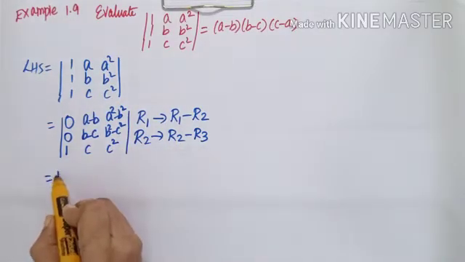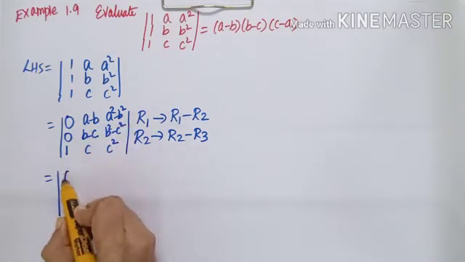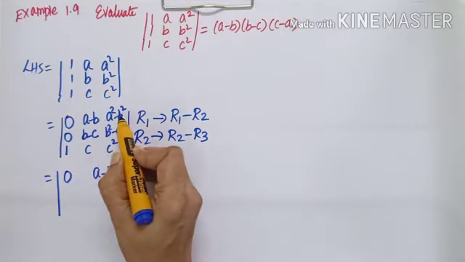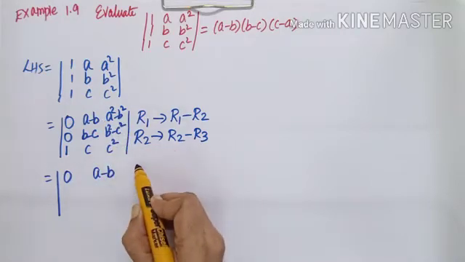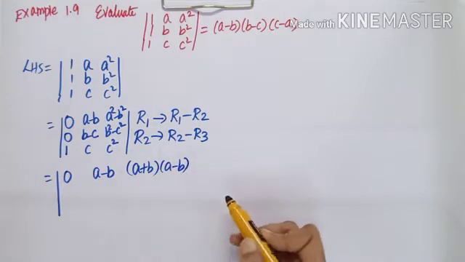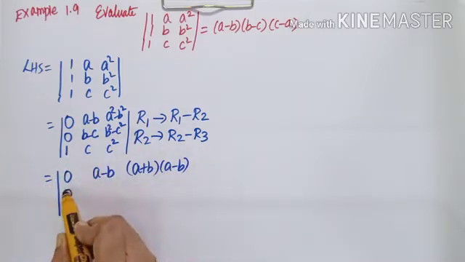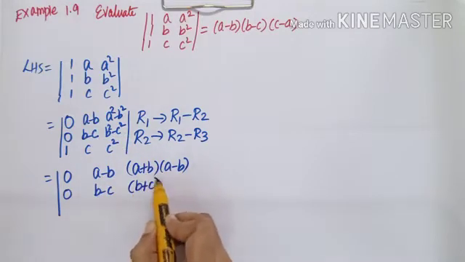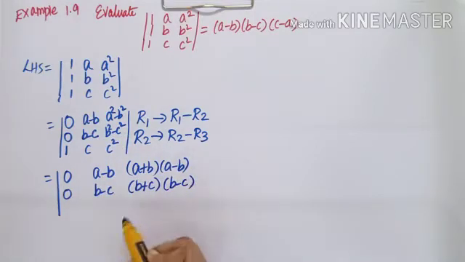Now, A square minus B square. How can we factorize? It's algebraic formula. A square minus B square is A plus B into A minus B. Similarly, the second row, B square minus C square can be written as B plus C into B minus C. Write third row as it is. Now we are going to apply the property of the determinants.